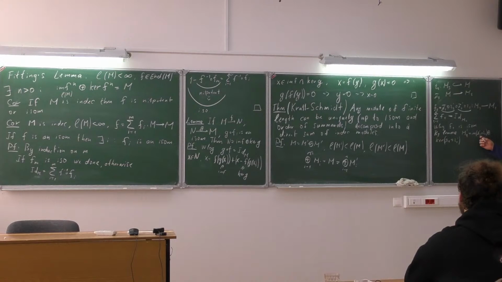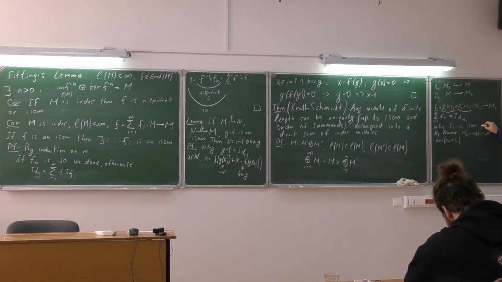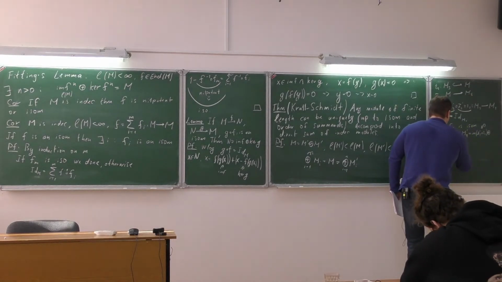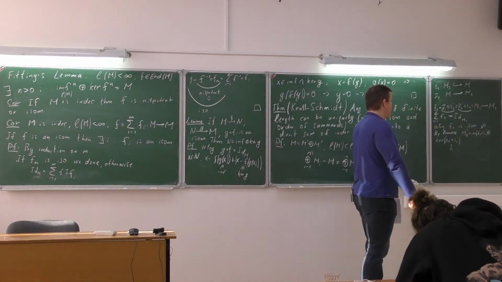What if this is 0? Yeah, so if the image of the map is 0, then the map itself is just the 0 map. And you take a composition of some 0 map and some other map, and you get an isomorphism. That's not possible. So in this decomposition, this is definitely not 0. So it means that this kernel is a 0 submodule.